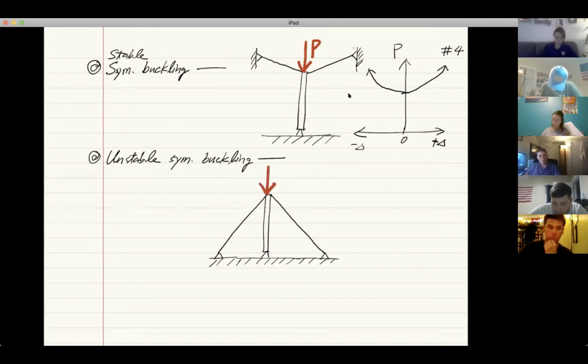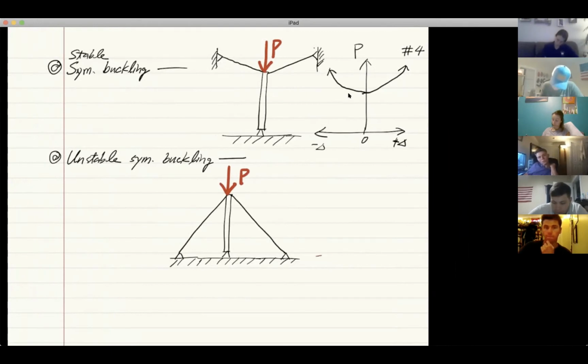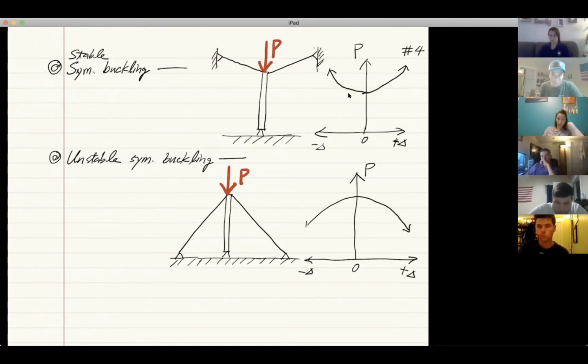Loading is still on top. In this case, when it buckles, the curve looks like this, which is unstable. Of course, just to point out that this point is always PCR.